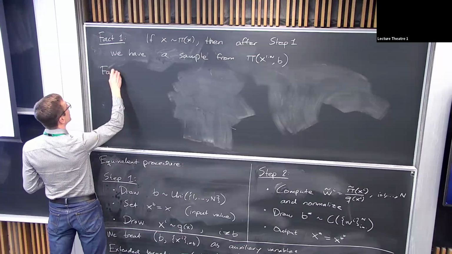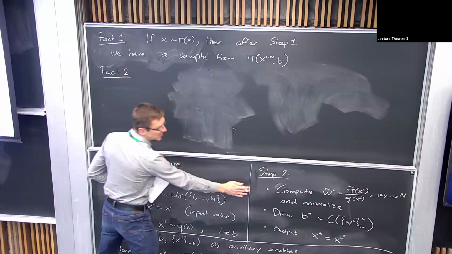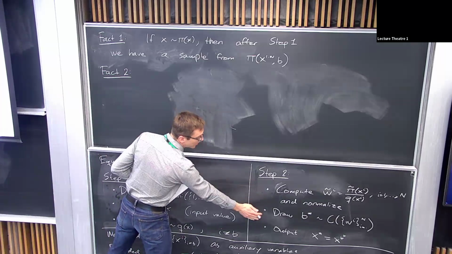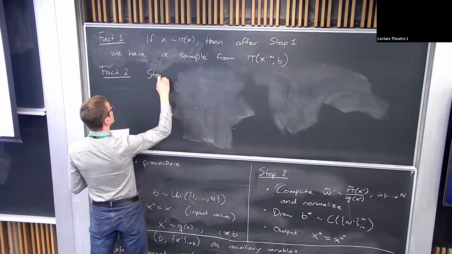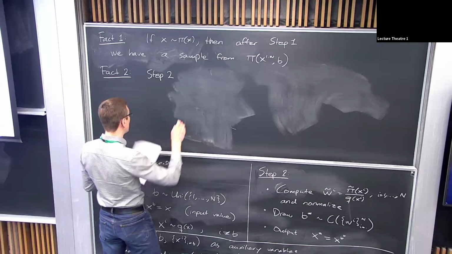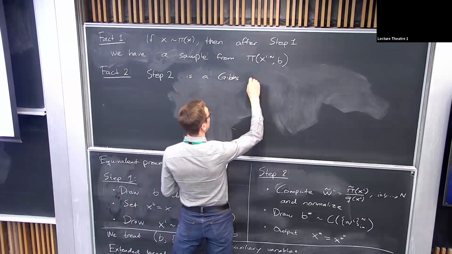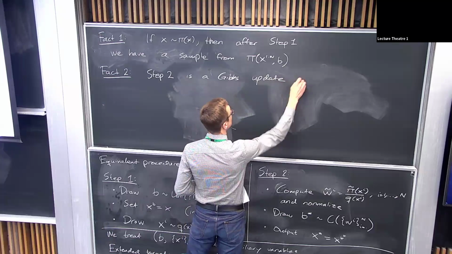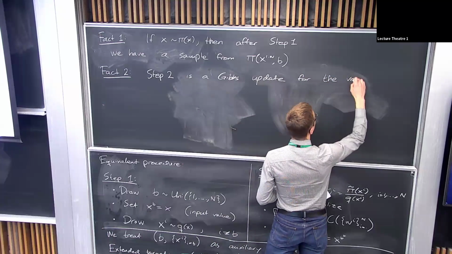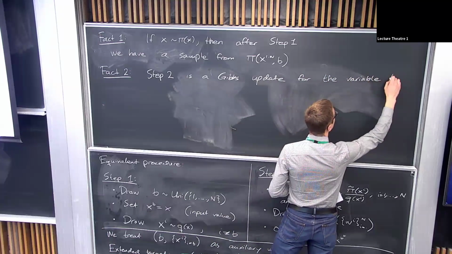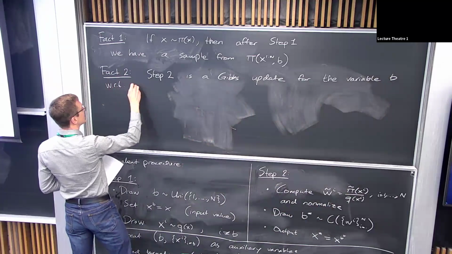And then second fact, which now concerns step 2 of the algorithm, where we compute the importance weights and then we draw B star. Well, second fact here is that step 2 is a Gibbs update on B with respect to this joint.